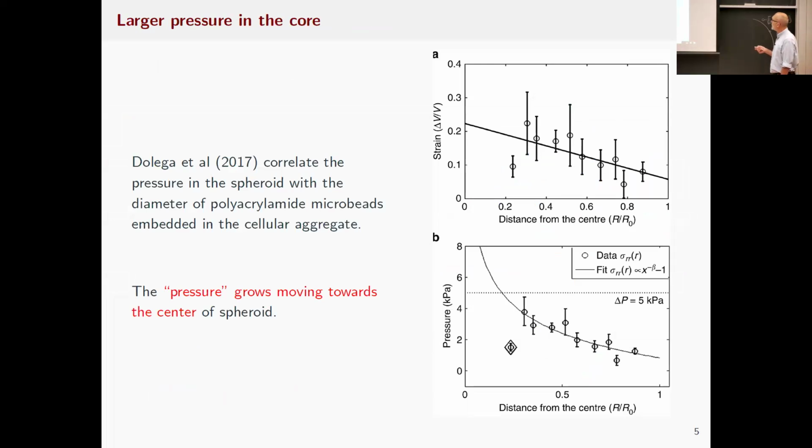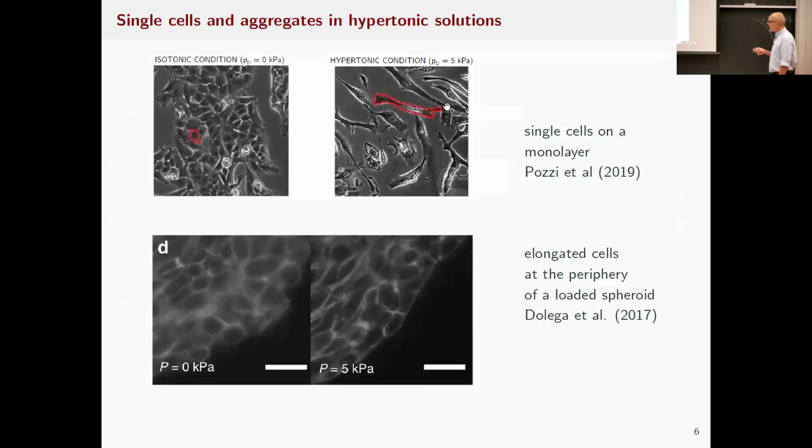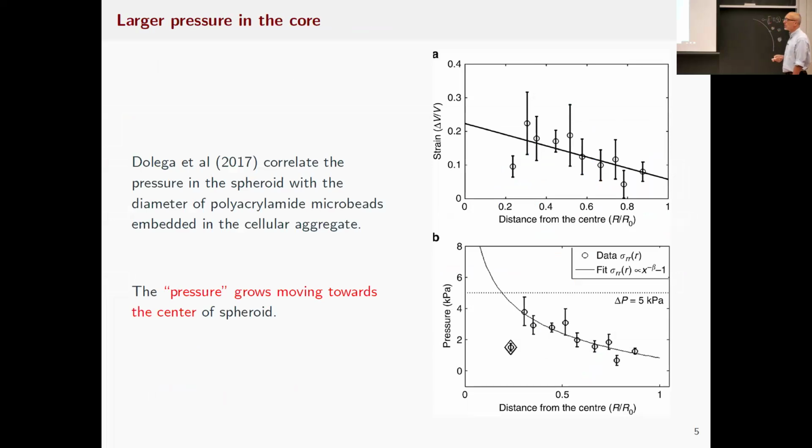The first thing that we know is that there is a pressure inside. So what they do in their experiment is another thing. They measure a pressure inside the spheroid, and they see that there is an increasing pressure from the boundary, R over R0 equals 0, going to the center of the spheroid.